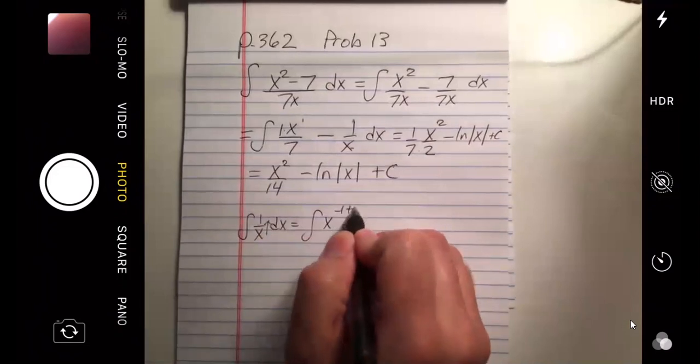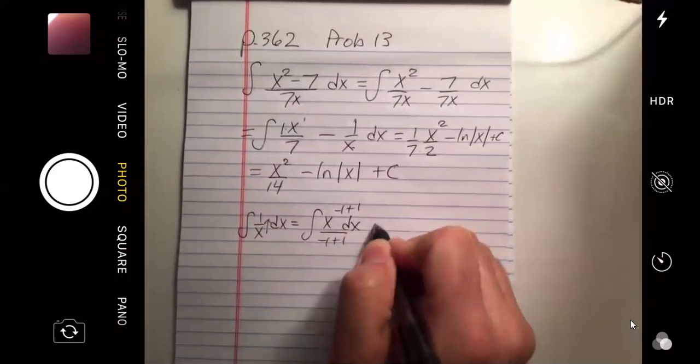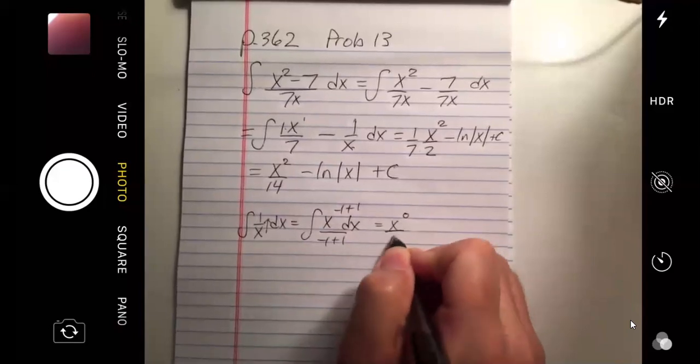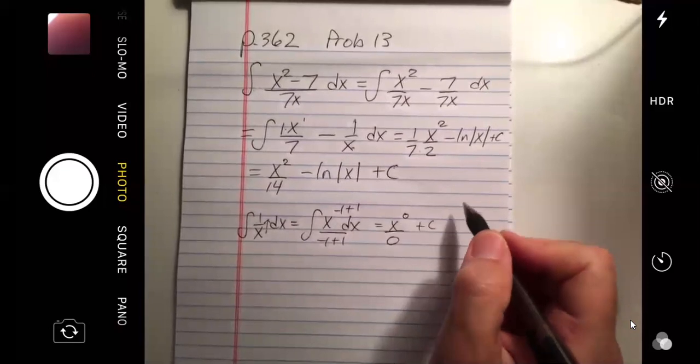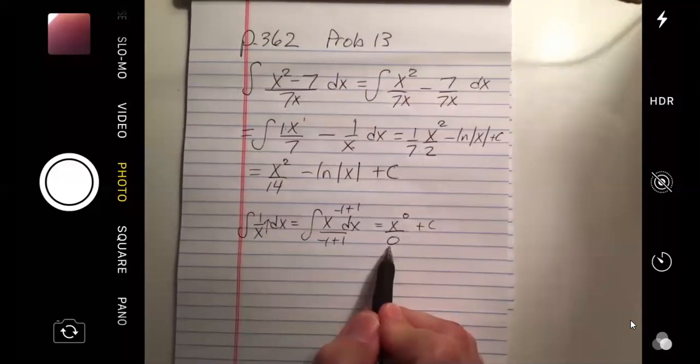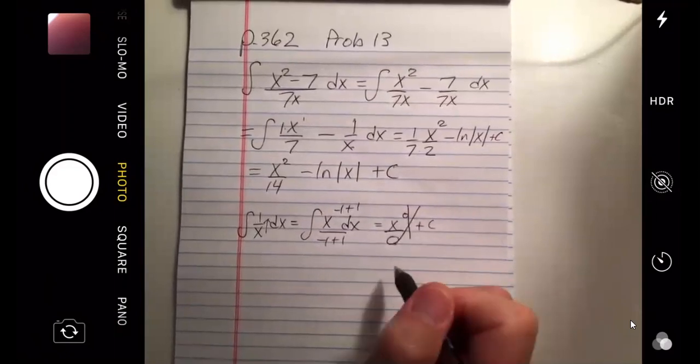If you now try to add 1 and divide by that, you get x to the 0 divided by 0, and this makes the math gods extremely angry. It fails. That's the illegal thing you cannot do in math: divide by 0. And so they created the log to handle this situation.